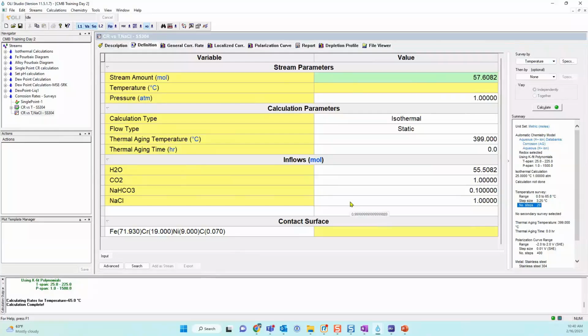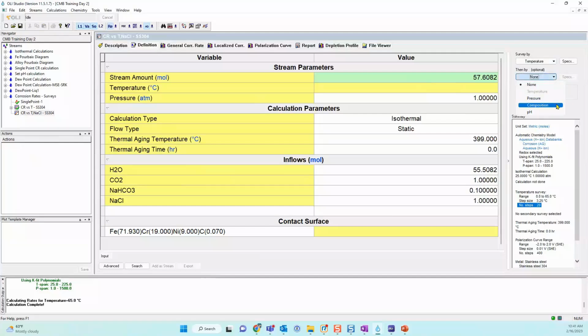But now we also want to add a second survey, a second variable. That would be done here in the next drop-down bar. It says survey by temperature, then by. When we don't select anything, it's just a single survey. But we want to select composition here.